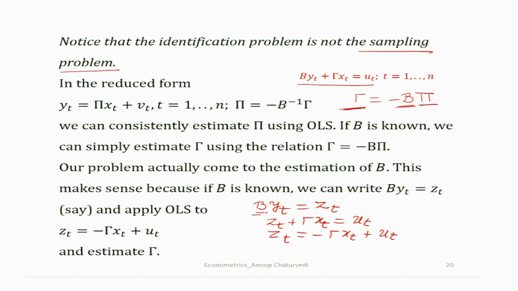So, if b is known, then you can obtain z t, and then using this equation you can estimate gamma directly, because these x t's are uncorrelated with the disturbance term u t. So, you can directly apply OLS to estimate gamma here.